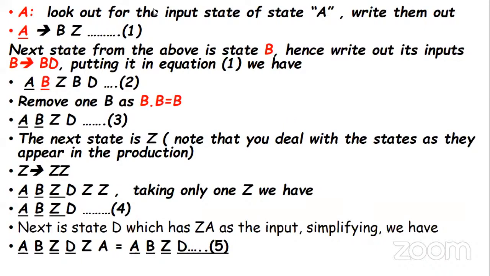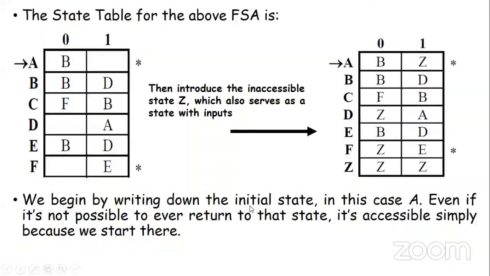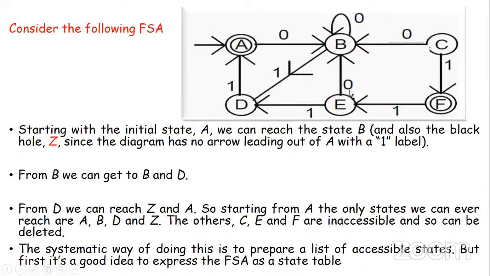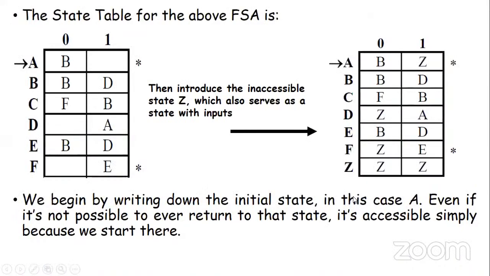Okay, so let's go over it again. So this is what I'm saying. Now, look at this diagram. I'm sure you know that this is the initial state, and this is an accepting state. This is an accepting state. And we have two accepting states. So the first thing we do is to draw the diagram.